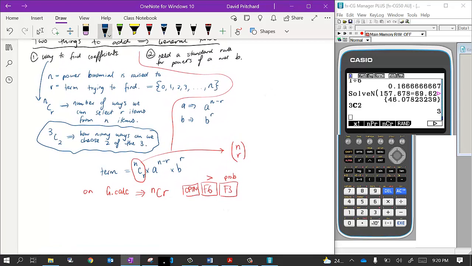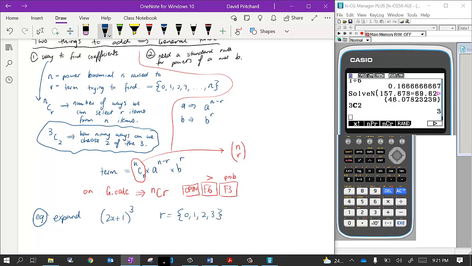Let's look at expanding. So e.g., let's try to use this to expand 2x plus 1 to the power of 3. Right, so now using our general term, we're going to have all the way up to 3, right? So it's important to note that r will be 0, 1, 2, and 3.